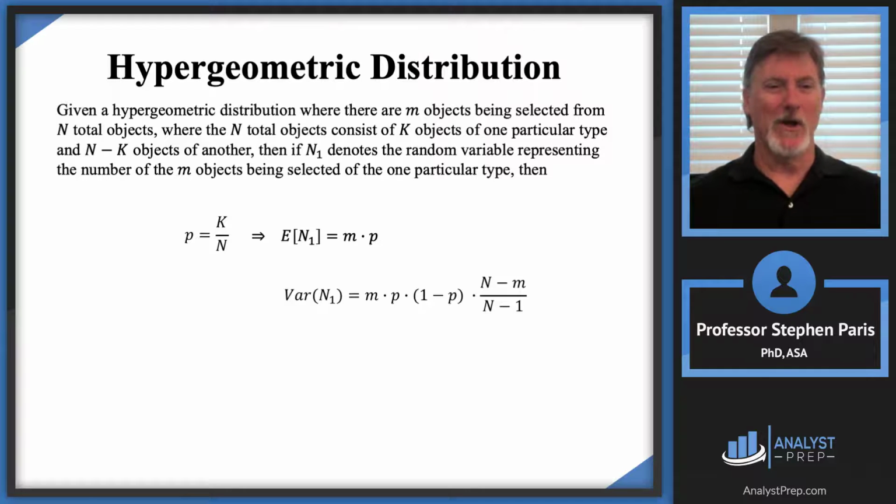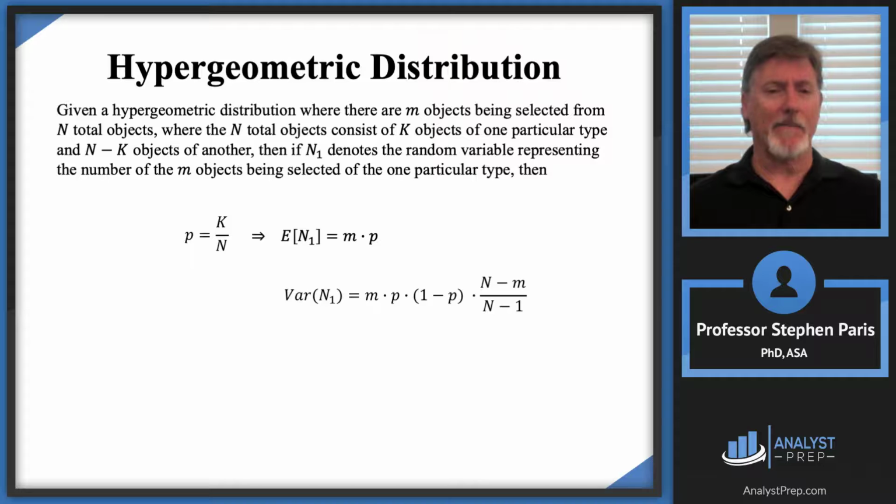But here we have a hypergeometric distribution where there are m objects being selected from n total objects, where the n total objects consist of capital K objects of one particular type, and then capital N minus capital K objects of another.